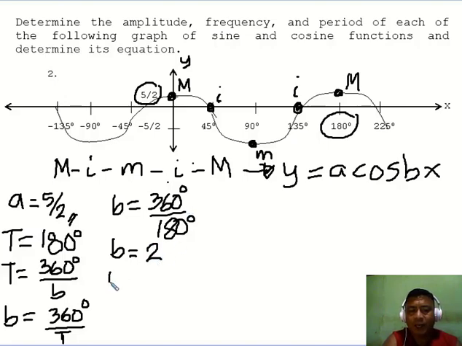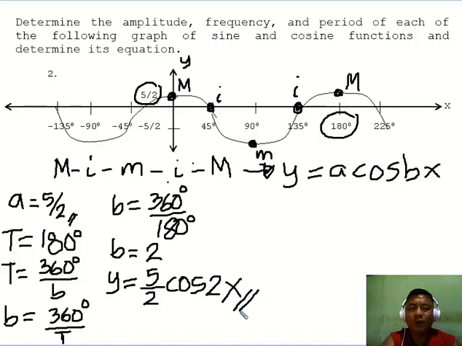So from here, we can write the equation of this given graph. Y is simply equal to a cosine bx. Just substitute the value of a, which is 5 over 2. Then b is 2, so we have cosine 2x. So take note, the equation of this graph is y equals 5 over 2 cosine 2x.